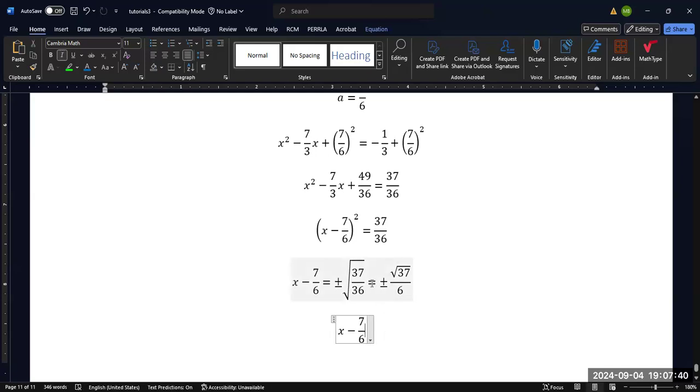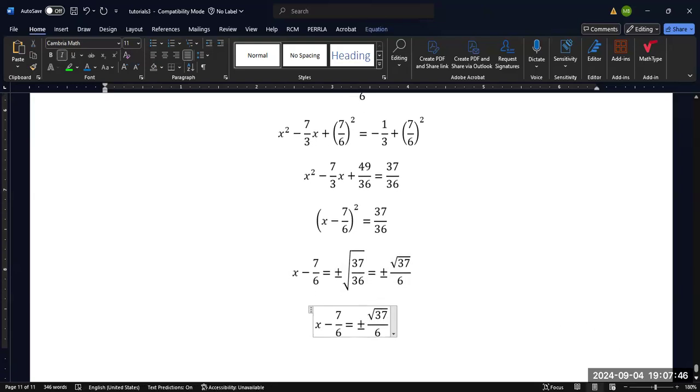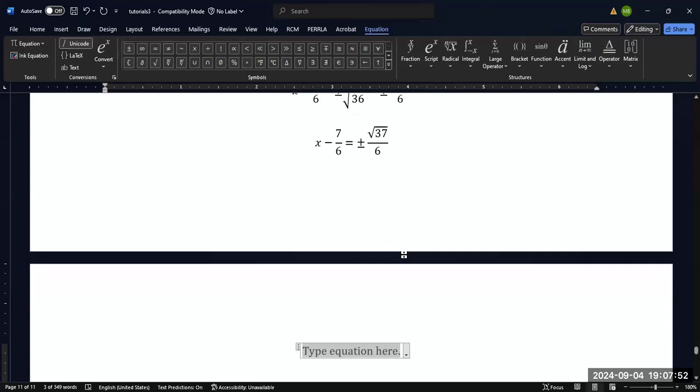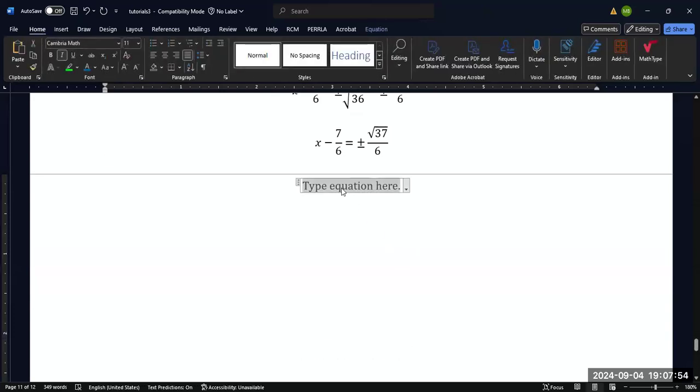Did not copy the way I wanted it to. There we go. And now what I can do is I can add the 7 over 6 to the other side of the equation so that I can put all the constants together.